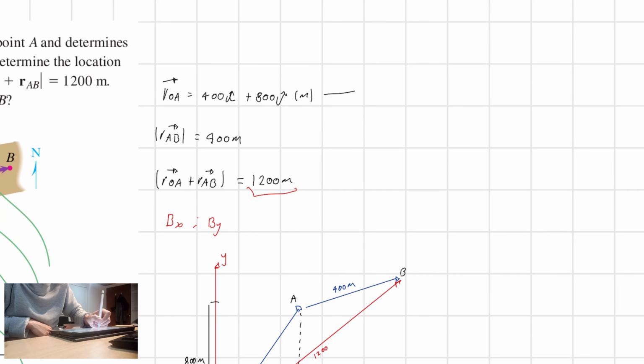Now, taking into account this information, I can say that the magnitude of ROA is equal to the square root of 400 squared plus 800 squared, right?